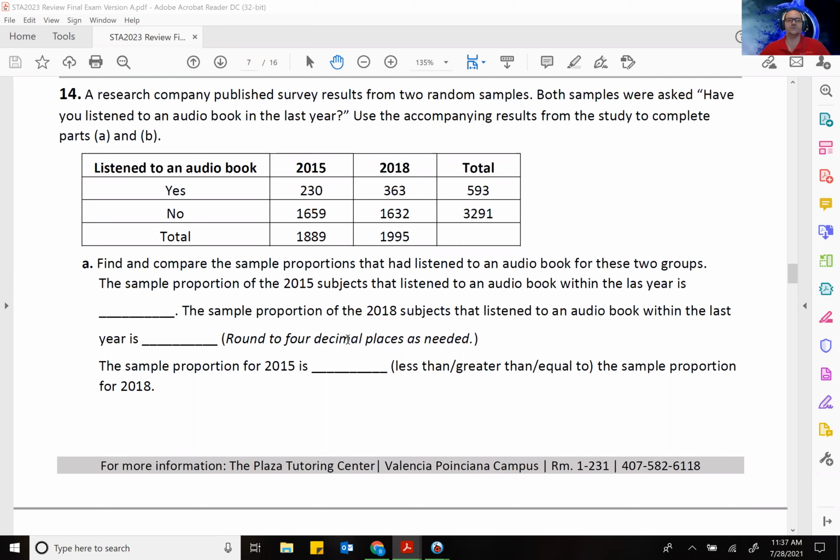All right. So it says the sample proportion of the 2015 subjects that listened to an audiobook within the last year is blank. And down below it says round to 4 decimal places.